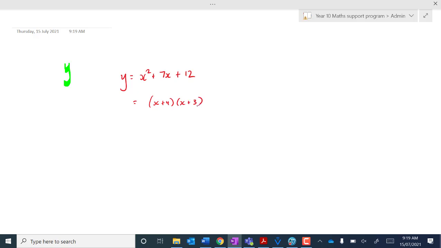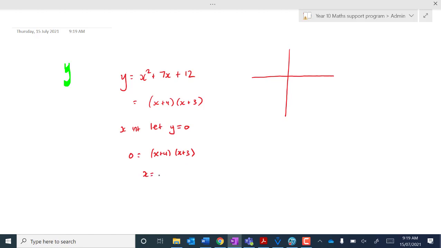Now, of course, for y-intercept, we know that we can let x equal 0. What about for the x-intercept? The x-intercept, we let y equal 0. Now, if I was to let y equal 0, then we're using the null factor law to solve this equation. What are my two solutions?